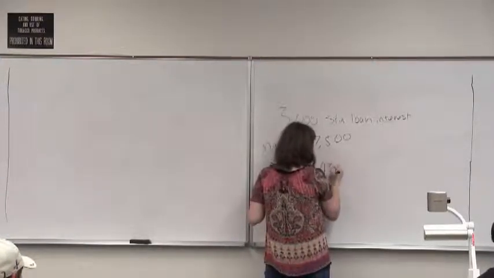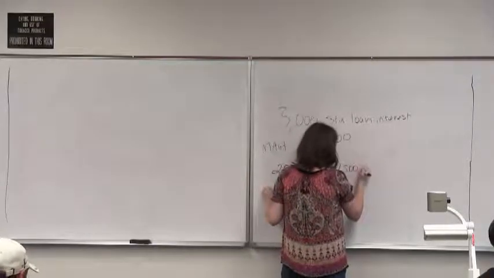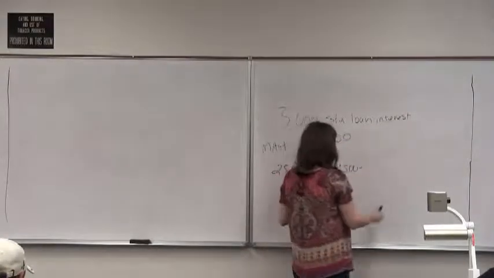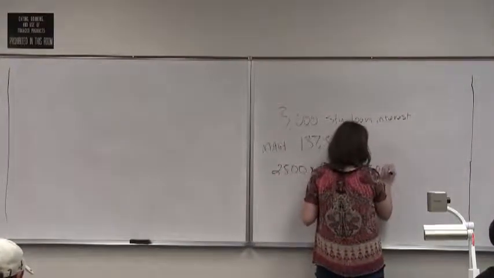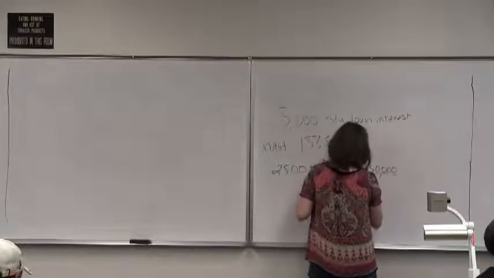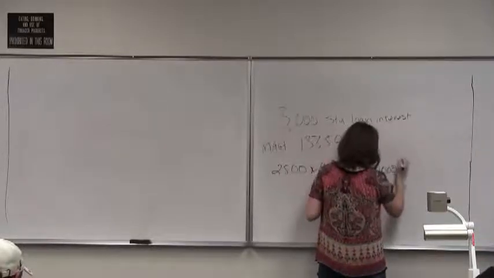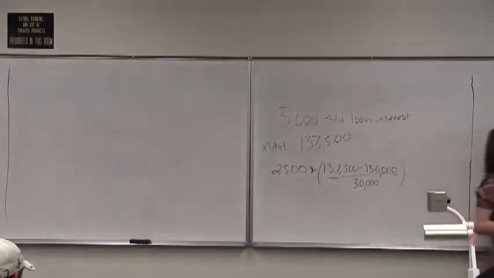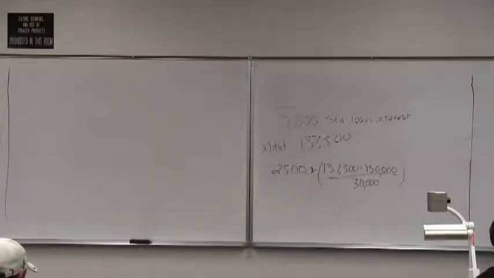So we have $137,500, which is their modified adjusted gross income, minus the lower end of the phase-out, over $30,000, because $30,000 is the difference between the lower end of the phase out and the high end of the phase out threshold, right? 130 to 160. If they were single, you would be over 15,000, right? Because 65 and 80 is 15.